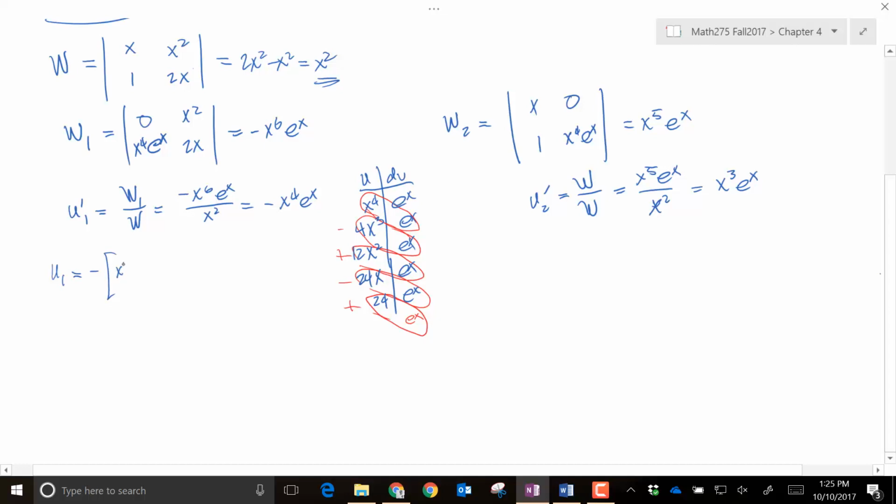We're going to get x to the fourth e to the x minus 4x cubed e to the x plus 12x squared e to the x minus 24x e to the x plus 24 e to the x. And then distribute the negative sign because it was negative to begin with.